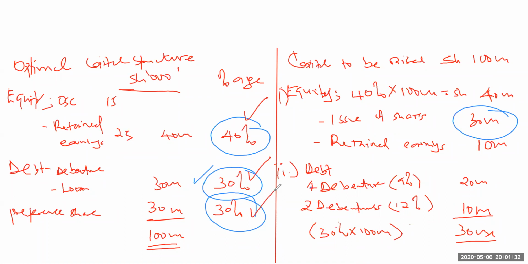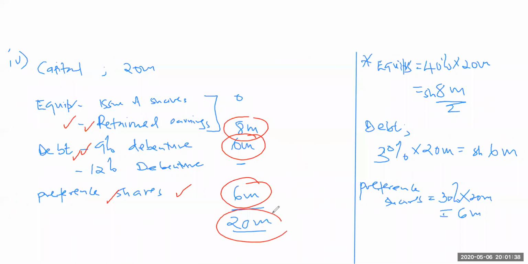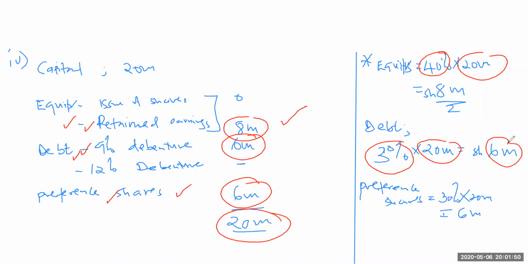That means out of the 20 million that you want to raise, 40% will come from equity, 30% will come from debt, which is 6 million, and 30% will come from the preference share.